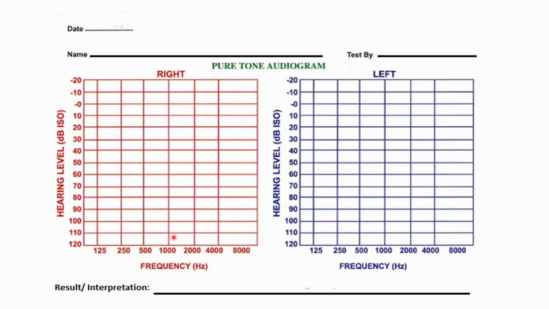Repeat and do the same for 1000, 2000, 4000, 8000, 250, and again 500. Recheck it, and in this way a graph is formed.